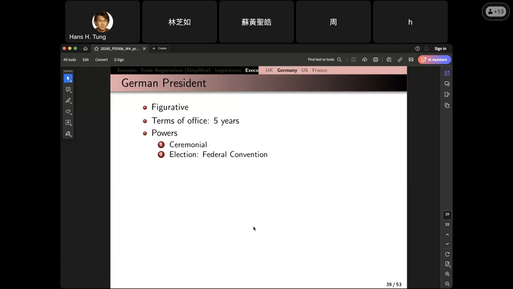So these two come from different parties, different ideologies. It so happens that the president back then was Mitterrand from the left, but he lost the majority in the National Assembly. And therefore, he had to appoint another person.